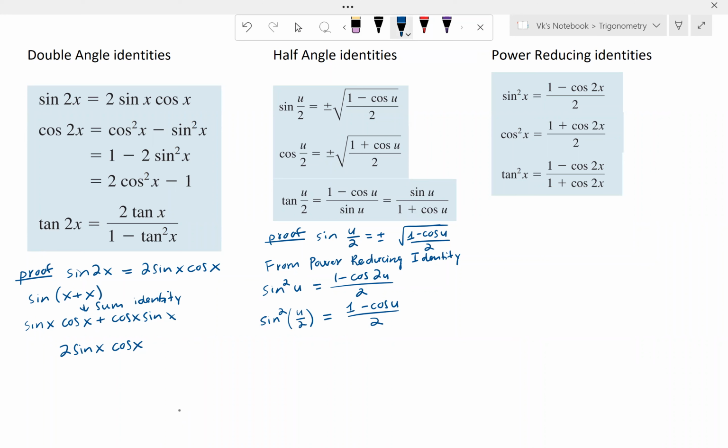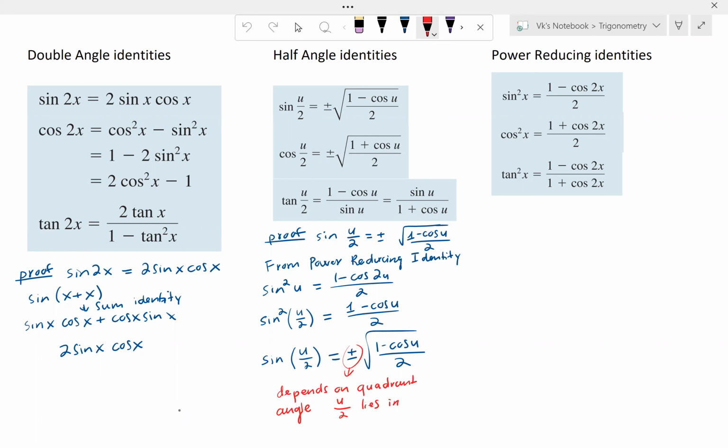Okay. Next step is we're going to square root both sides. And that gives us sine u over 2 is plus or minus the root of 1 minus cosine u over 2.